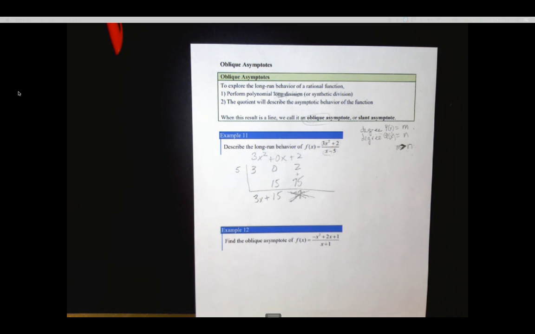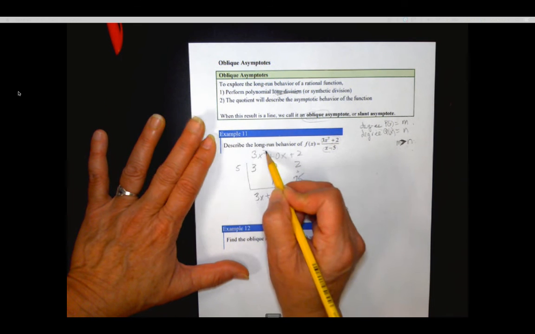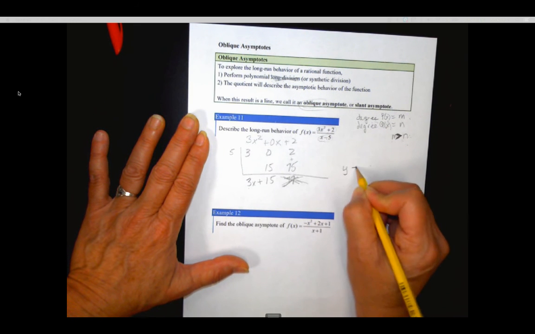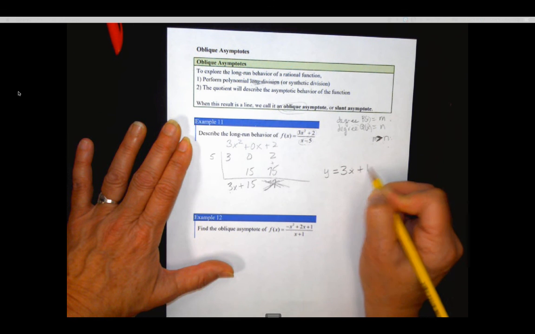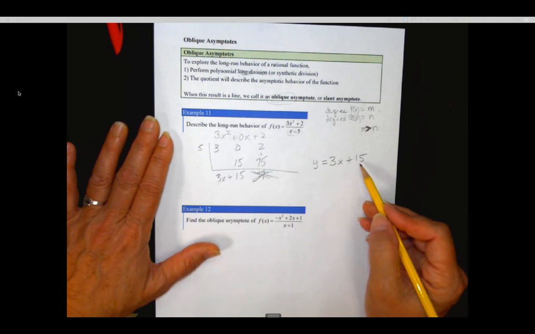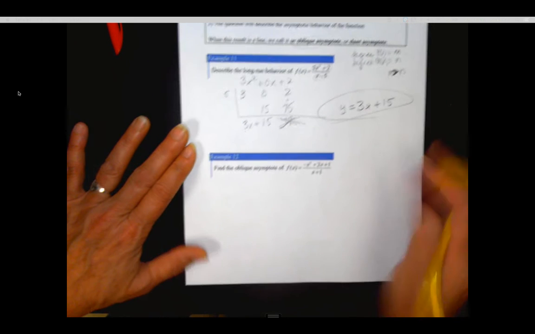So remember, we factored out an x, and your oblique asymptote is the equation y equals 3x plus 15. And then you would graph it just like you would graph the line 3x plus 15.